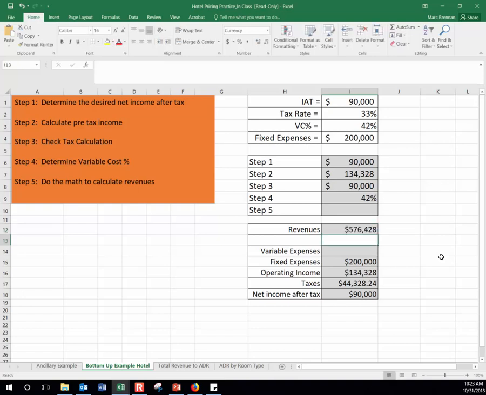And that's going to give me my required revenue of $576,428 to make $90,000 in net income after tax. Now that I've got my required revenue, which is my 100% number, I can multiply it by my variable cost percentage to find out that I have $242,100 in variable expenses.